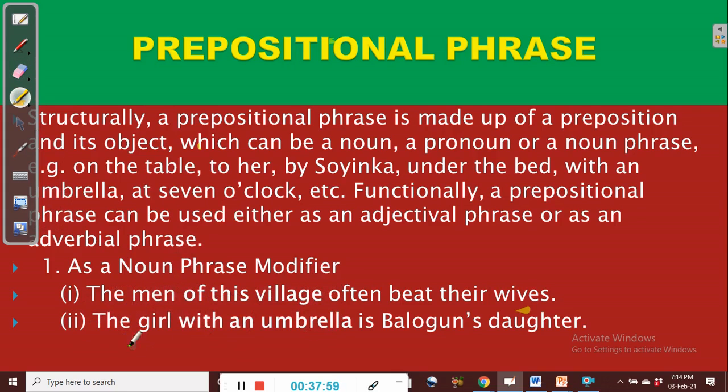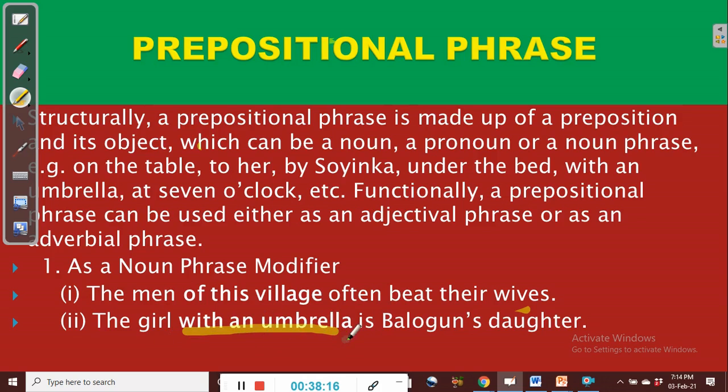Then the next one, the girl with an umbrella is Balogun's daughter. Now if we say the girl is Balogun's daughter, then someone will ask us which girl are we talking about, and we say the girl with an umbrella.